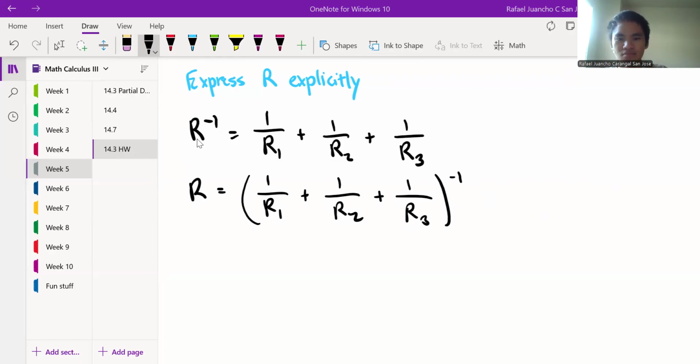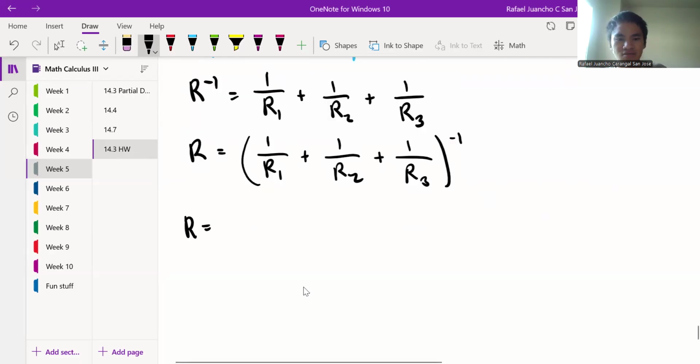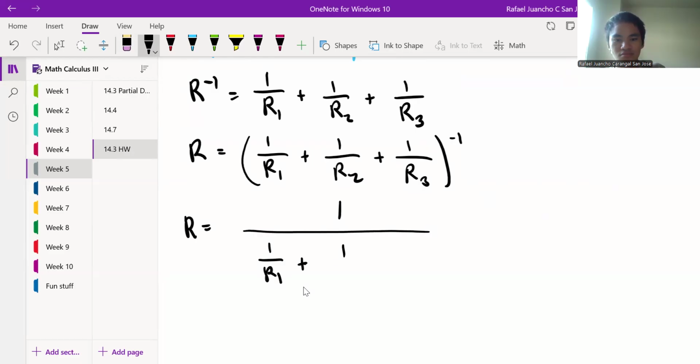And then from there, I get 1 over this thing. And now I've solved explicitly for R.